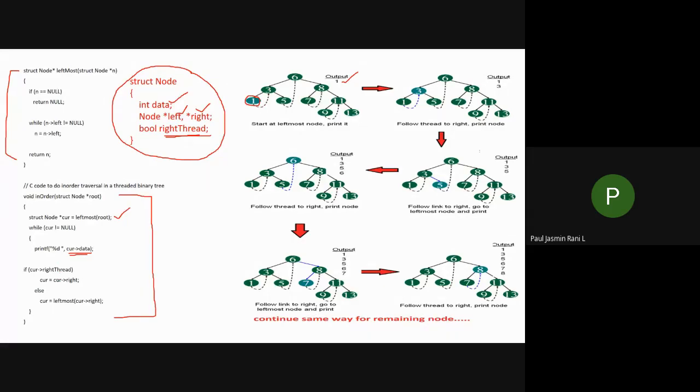If you have a thread, then you have to move the pointer to the right side. So I am going to move the pointer to the right side. The value present on the right side, this third node's address, will be pointed to here. So I am here. Now I am going to do the while loop, while the node is not equal to null, and print the current data. Can you follow this?